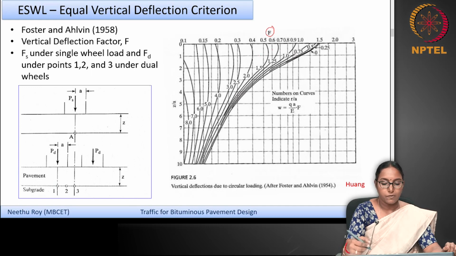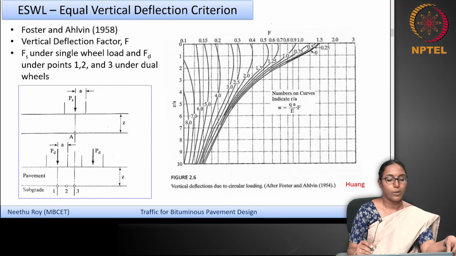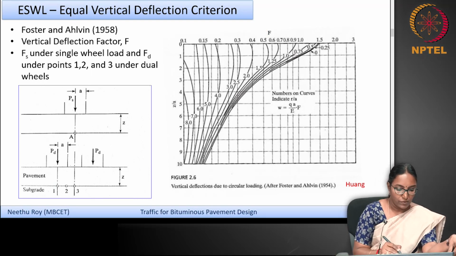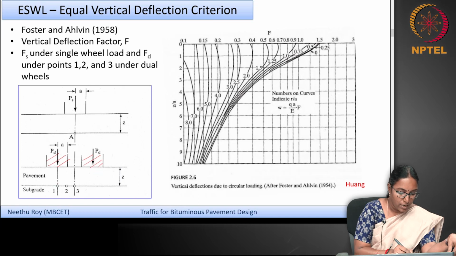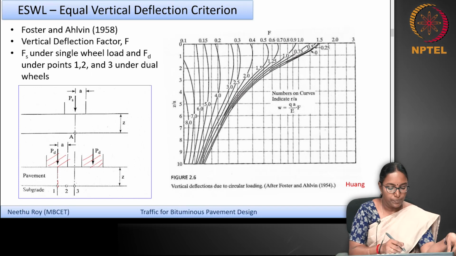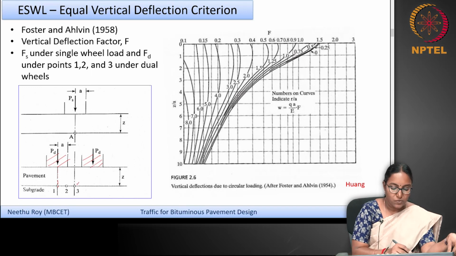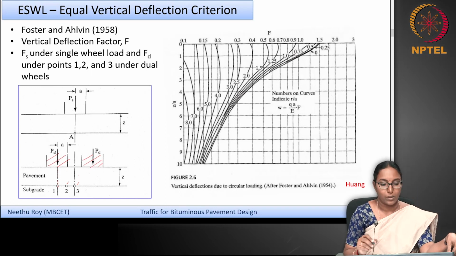Now as in the case of the equal vertical stress criteria, here also if you have a dual wheel, there could be three possible points where you can have the maximum vertical deflection: point number 1, which is exactly at the middle of one wheel load, point number 3, which is midway between the two wheel loads, or point number 2, which is midway between 1 and 3.